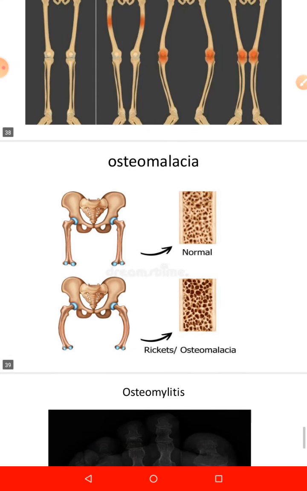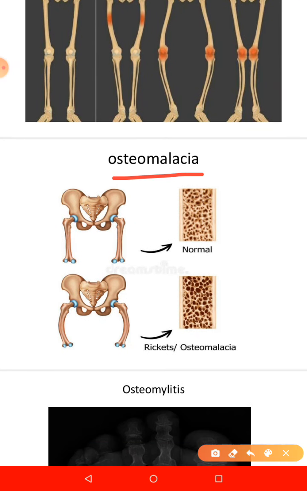And then we have osteomalacia. This is also a bone disease. Sometimes in literature, when we're talking of rickets and osteomalacia, we combine them, because rickets in adults is called osteomalacia, or adult rickets.